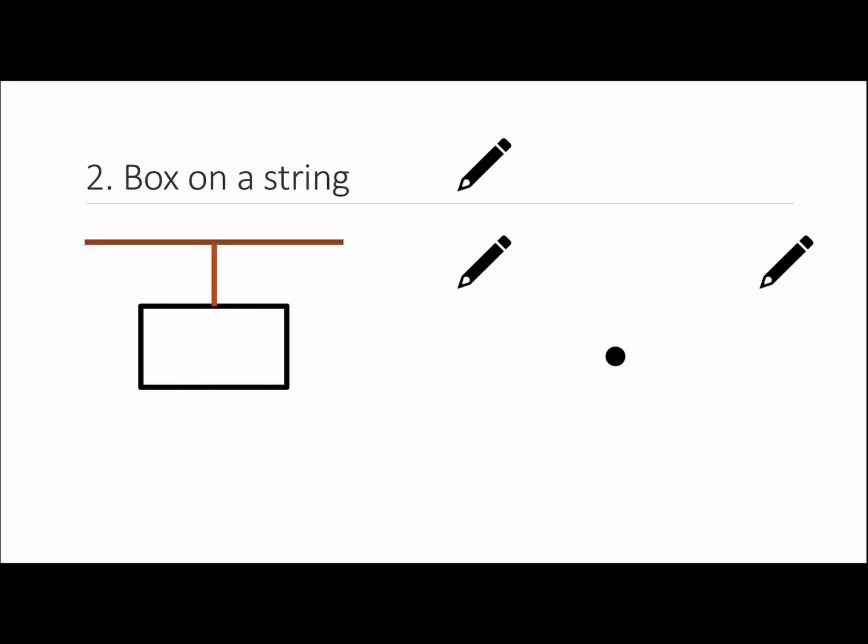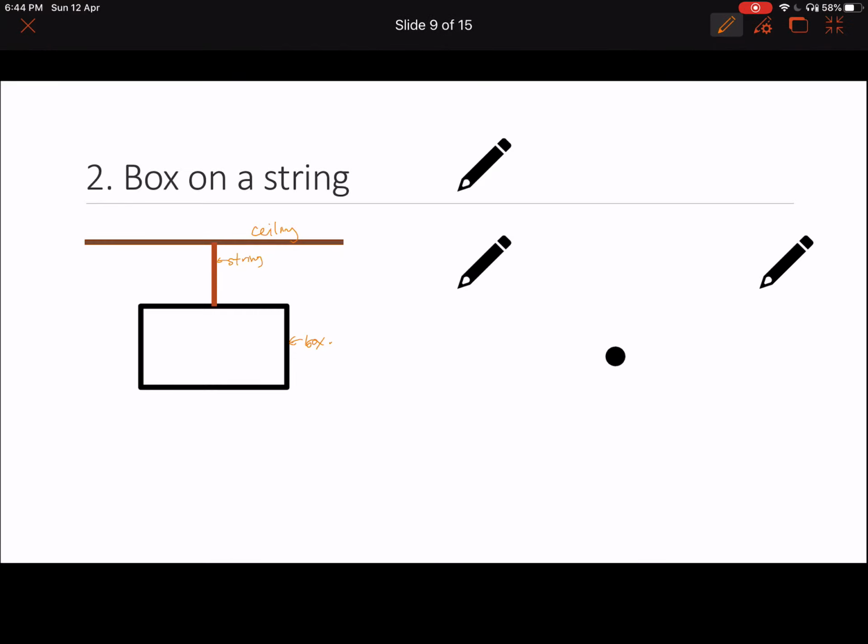So here in the next example, we've got a box on a string. It's being suspended from the ceiling by a string. Here's the box. Again, we can immediately draw in our first force. First force has to be the weight. There's a weight that's trying to pull the box downwards towards the earth.